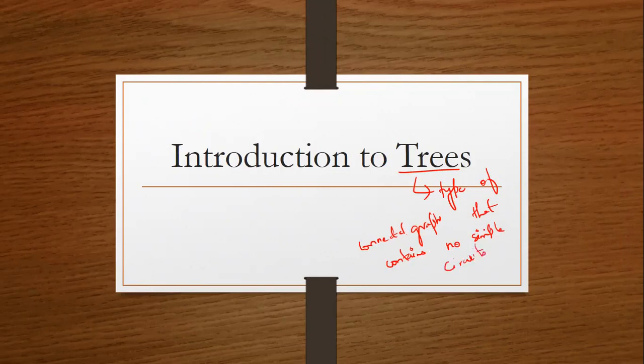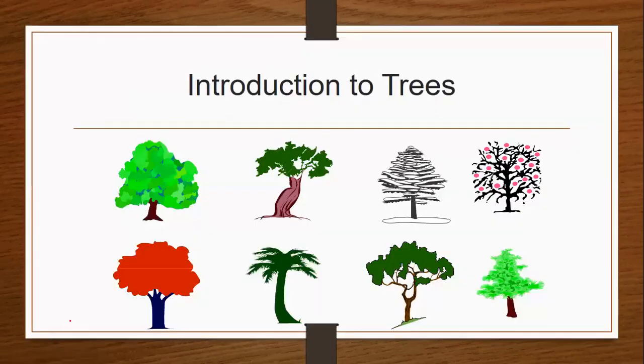The type of connected graph that contains no simple circuits is called a tree. And why do we call it a tree? Because it resembles the actual trees that we have. For example, in real trees, you have a root and you have the branches and leaves, etc. So in the definition of trees in computer science, we also have a root, we have branches, and we have leaves. That is why we call this type of graph a tree.